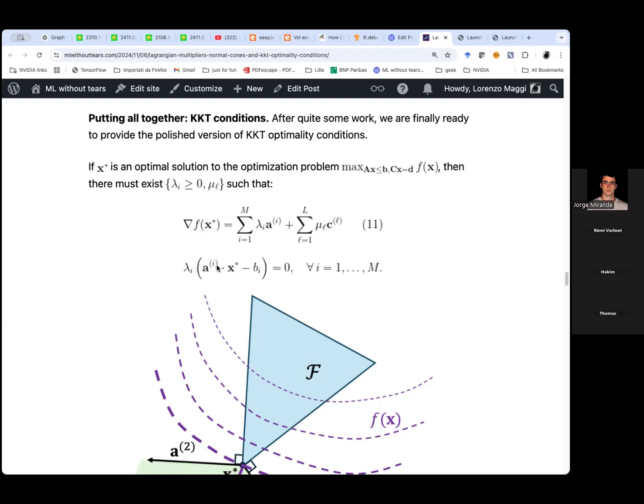The lambdas can only be positive if the constraint is tight. Just note that this complementary slackness we don't write for the equality constraints because the constraints are always tight by definition. So this is already always true for equality constraints.